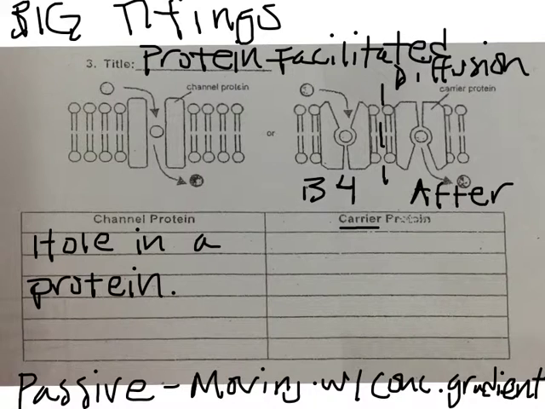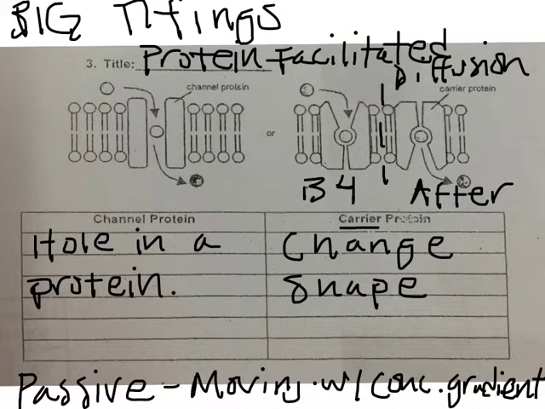Carrier proteins actually change shape to allow things to go through. So the channel proteins just have this shape that easily lets stuff go through. Carrier proteins are shaped like this, and then they change their shape to allow stuff to go through.